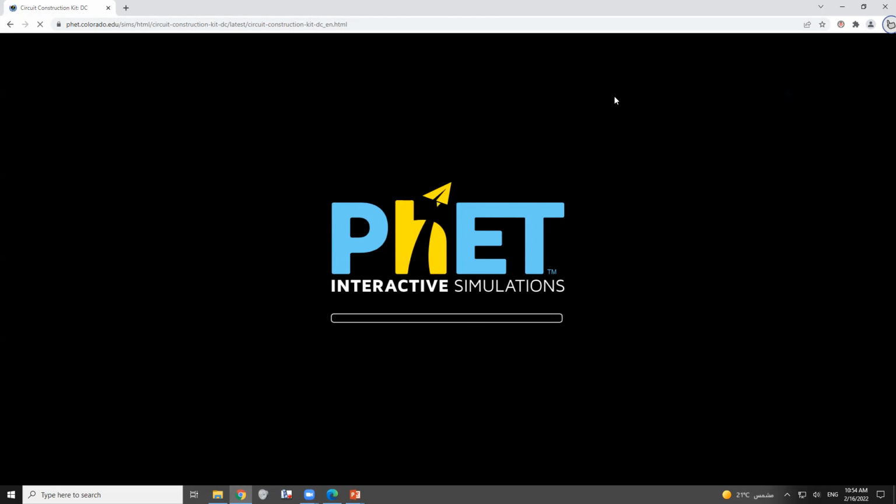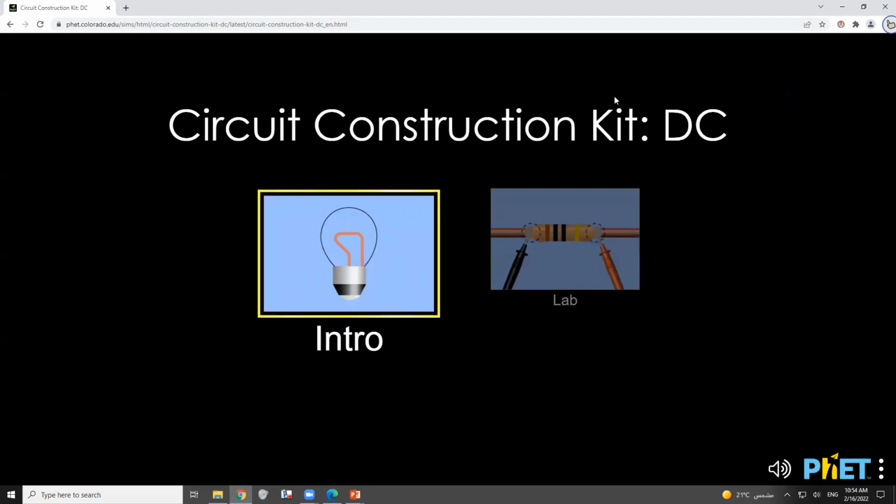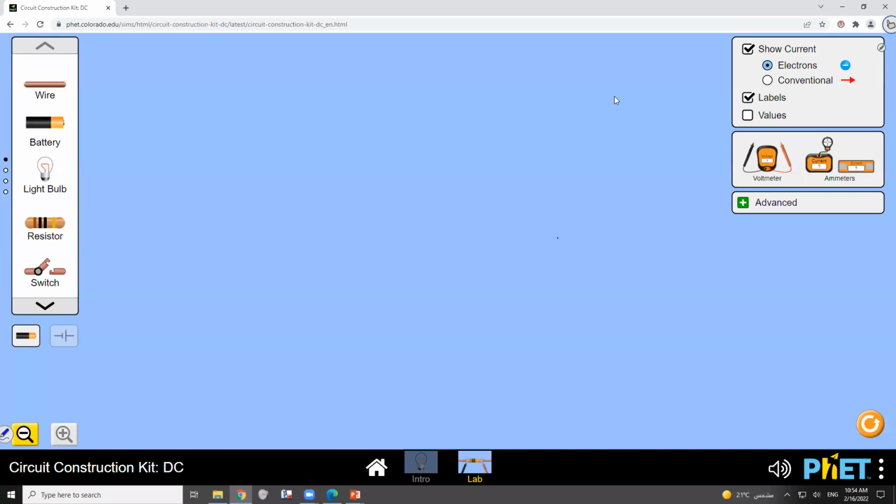Here we have an electric lab where we can connect a circuit and do some experiments. These are my toolkits. I'll grab a battery and put it on my bench and take some wires and connect them to the battery.